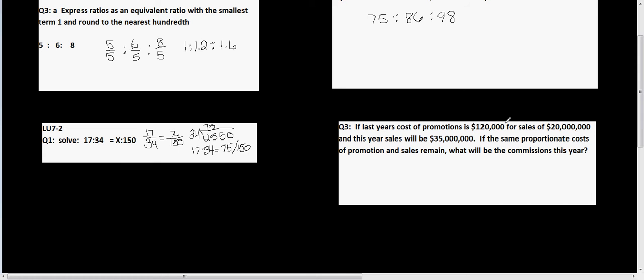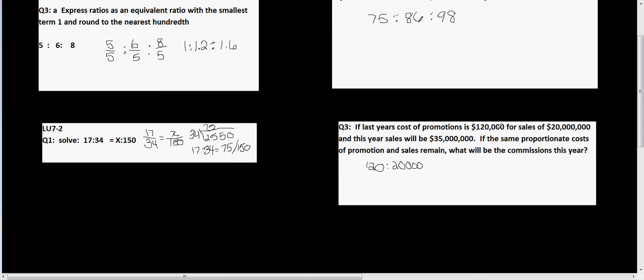It's going to be the same sort of question as what we saw over here. We have 120. I'm going to drop those extra zeros just to keep it simple. 120 is to 20,000. See how I've dropped these extra 3 zeros?